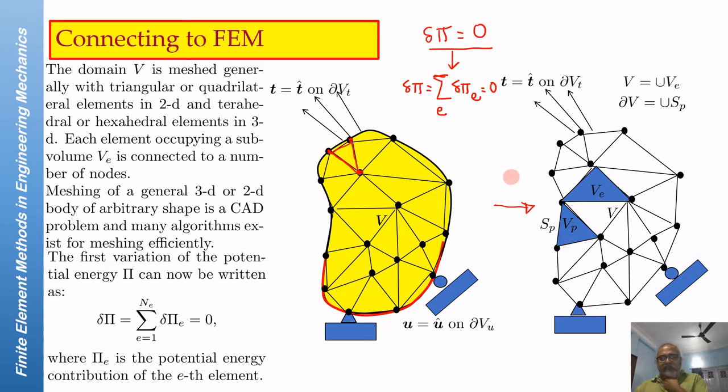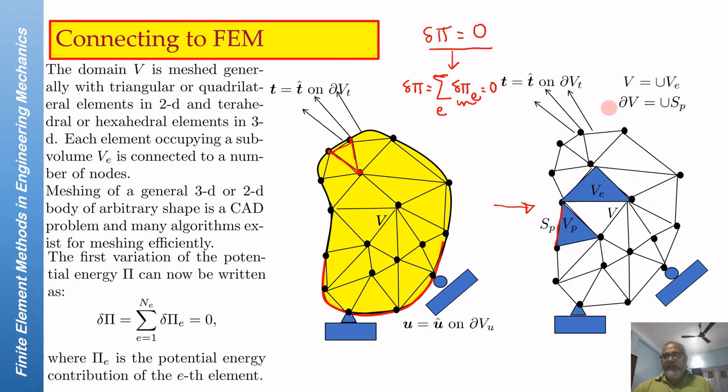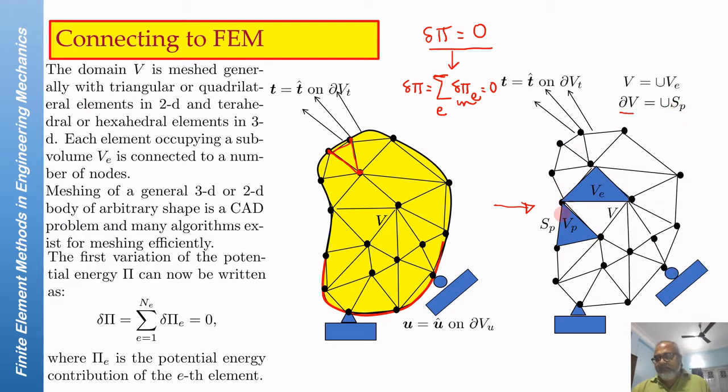Now, this is the variation in the potential energy of the eth element, and the eth element has a volume V. It may so happen that an element may share an edge, an outer edge of the body, and then the total surface surrounding the body is the union of all these elemental edges that make up the surface, and then the total volume is the union of the elemental volumes that make up the entire volume.